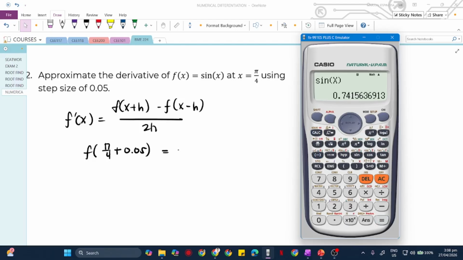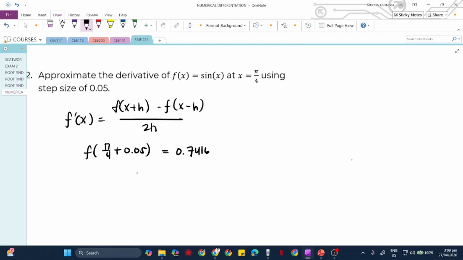Okay, let's copy the 4 decimal places tayo. 0.7416, okay. Yan yung value ng f of pi over 4 plus 0.05. Now, ngayon naman, pi over 4 minus 0.05.